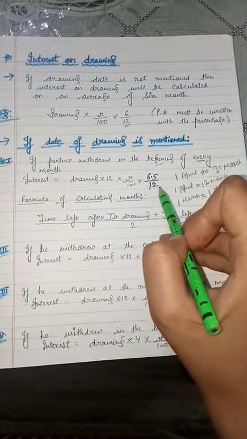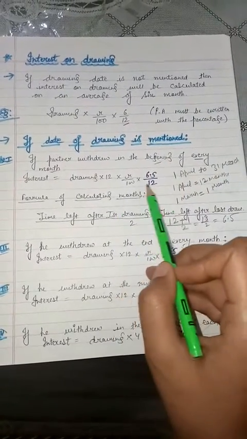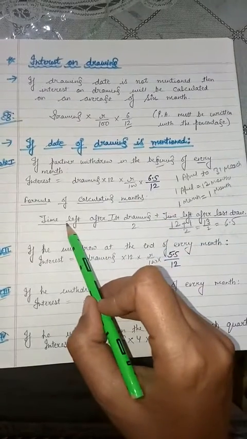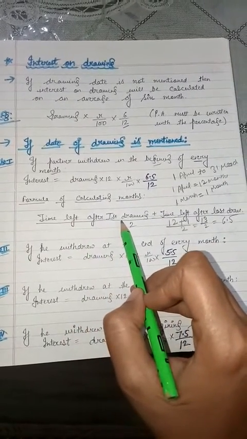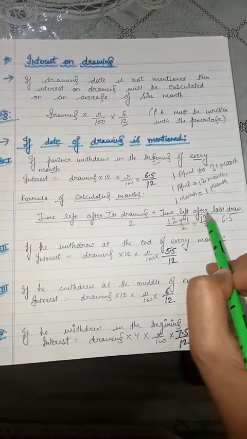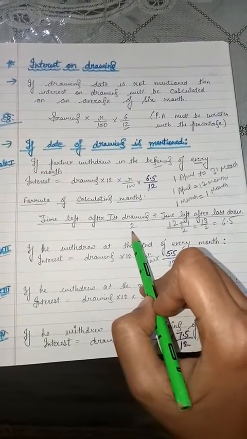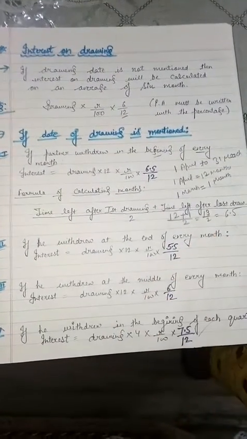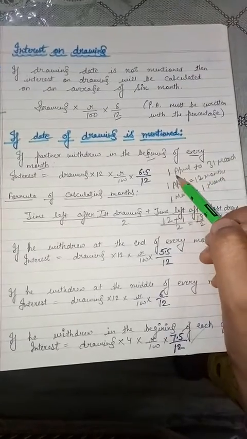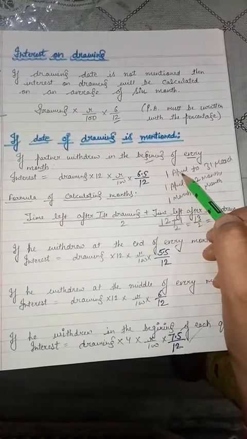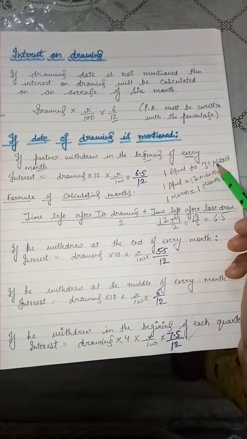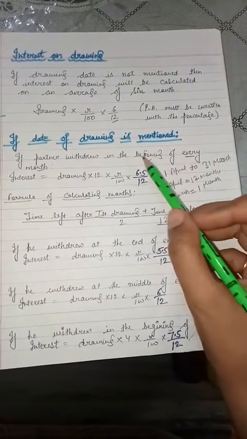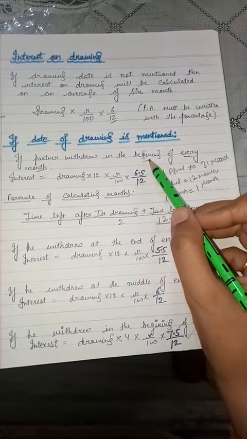Now how does it come? There is one formula to calculate the months: time left after first drawing plus time left after last drawing upon 2. Now see the example. Our financial year is from 1st April to 31st March. So the partner is withdrawing an equal amount in the beginning of every month.